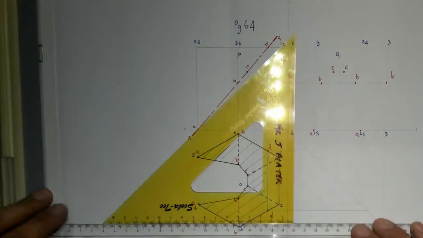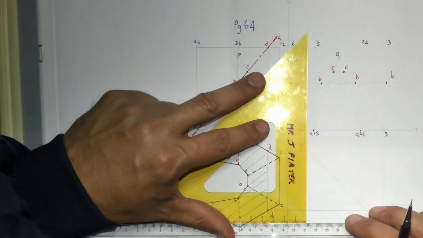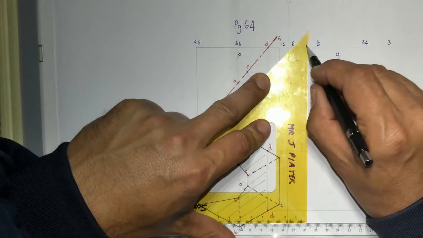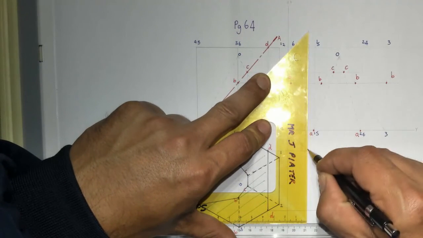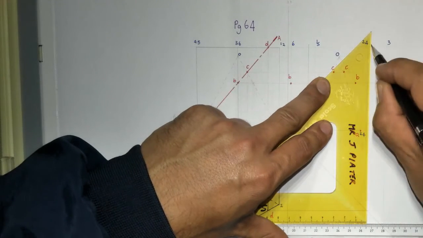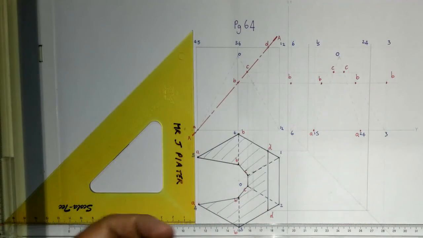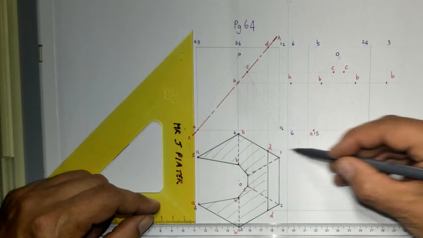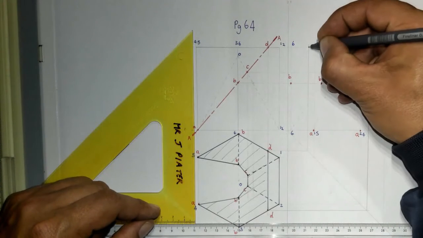So D simply has to go to your 45 and up to the top. Okay, so you'll see there D comes across to 45 up to the top.